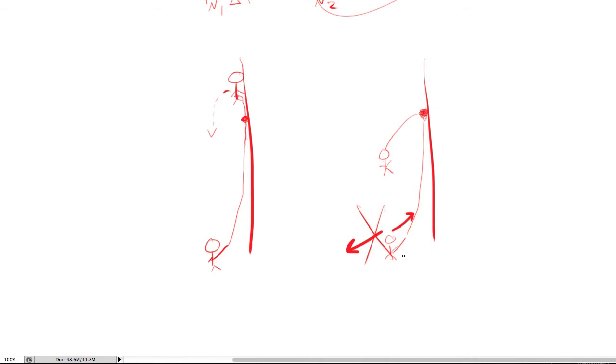But this is one of the big things that people don't understand. And you'll often see people when they're rock climbing doing this exactly wrong, and that's actually more dangerous. Any questions so far? All right, cool.